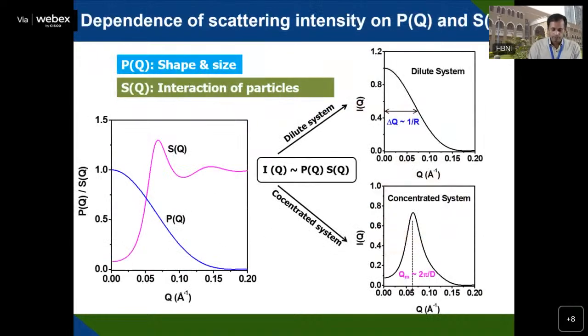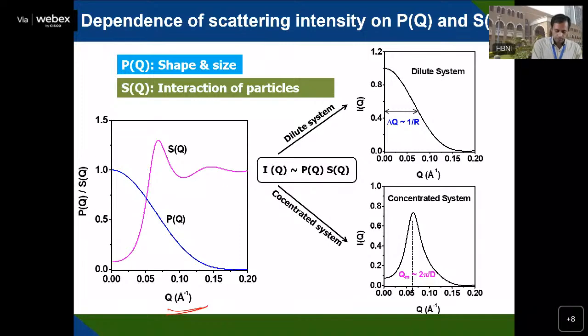Here, if you see the plot of I(Q), which is expressed either in P(Q) or S(Q), versus wave vector Q, this blue line is P(Q). P(Q) continuously decreases with Q, whereas S(Q) gives peaks depending upon the interparticle interaction.